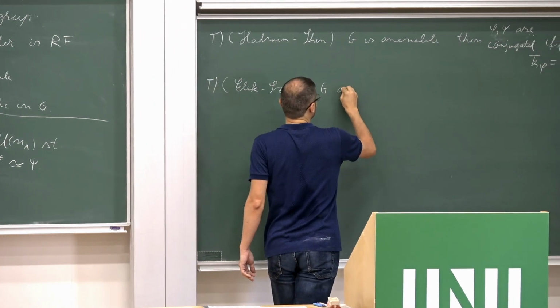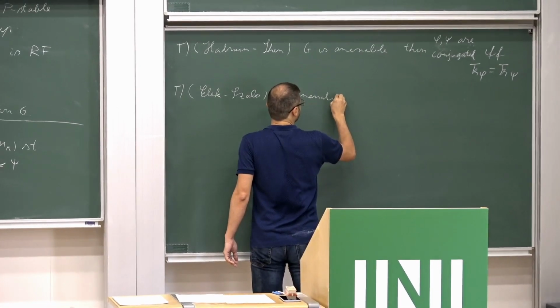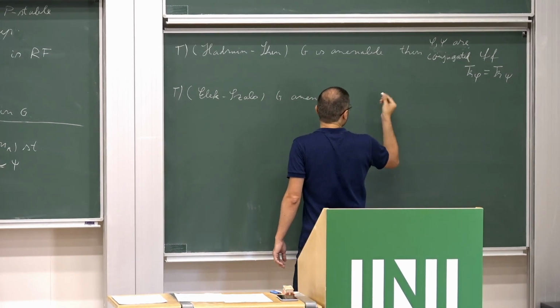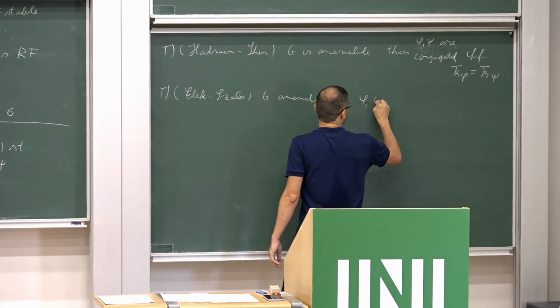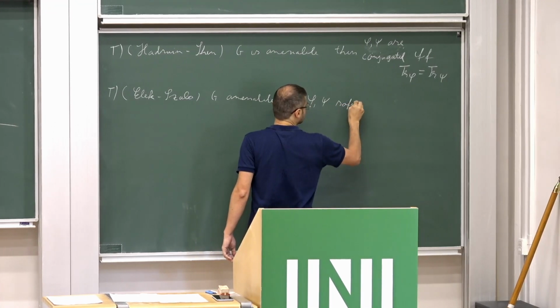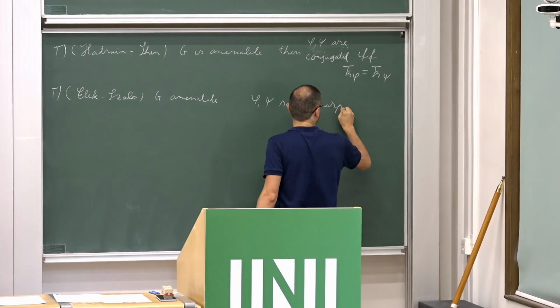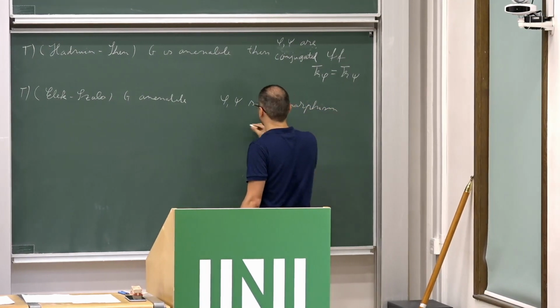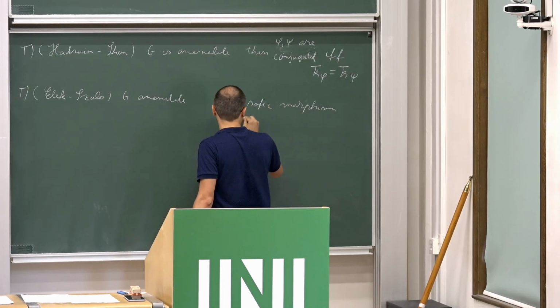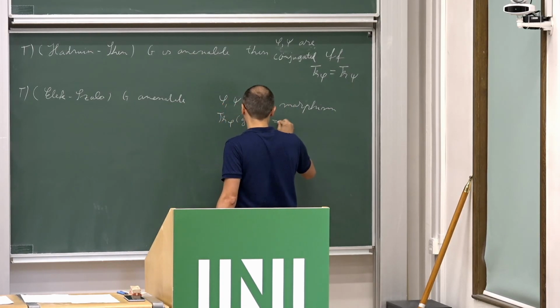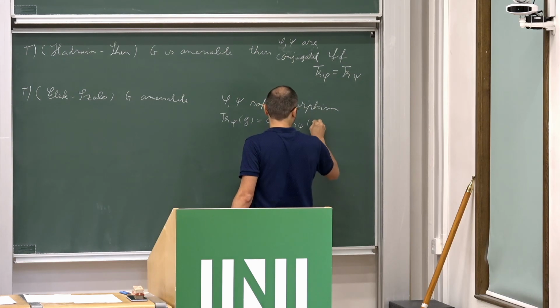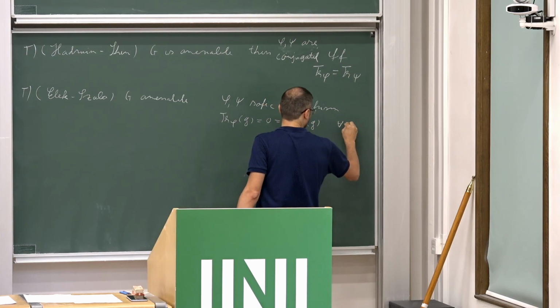Again, G amenable. And you take two trace-preserving sophic morphisms. So phi and c are sophic morphisms such that trace phi of g is equal to 0 is equal to trace c of g for each non-trivial g.